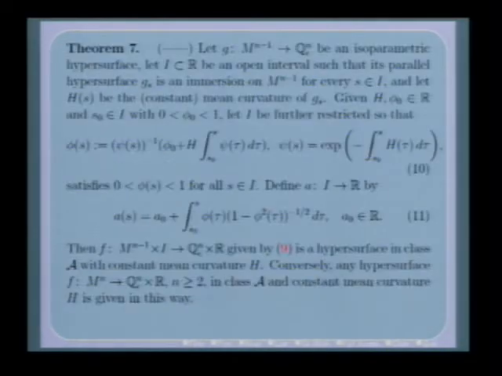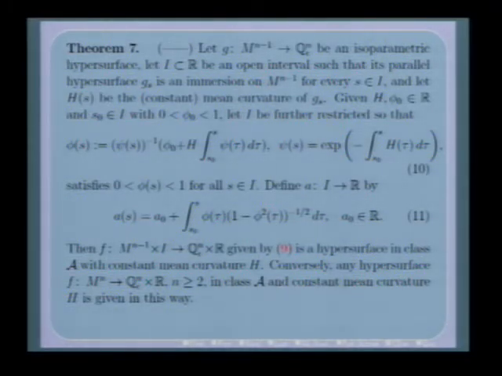Now, this is just what you have to read in this statement. It's too long. So the function A you can compute in terms of phi, which in turn is given in terms of psi, which is given in terms of the mean curvature function of the isoparametric foliation. So in this way you get a hypersurface with constant mean curvature h, this number here, which is in class A.